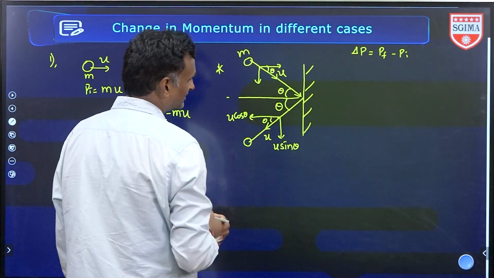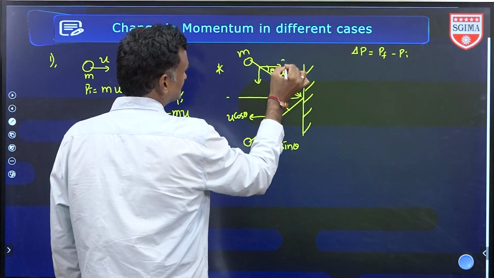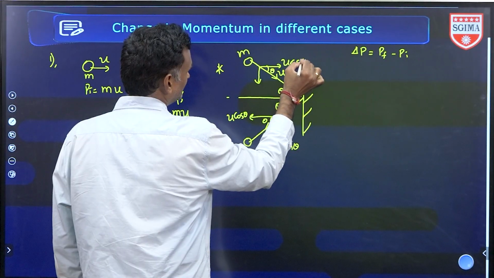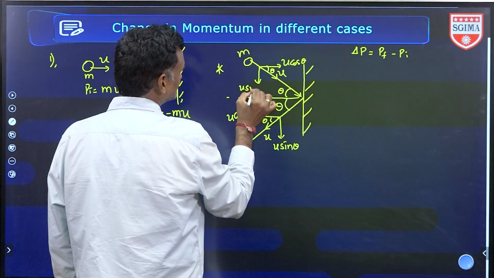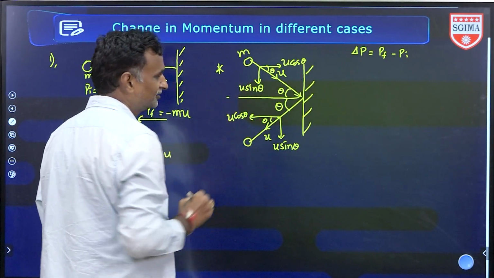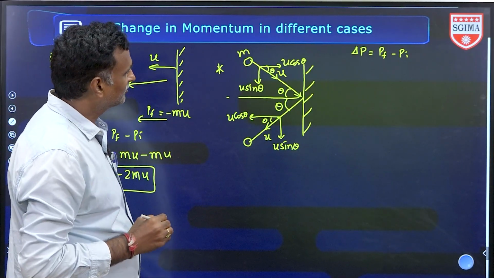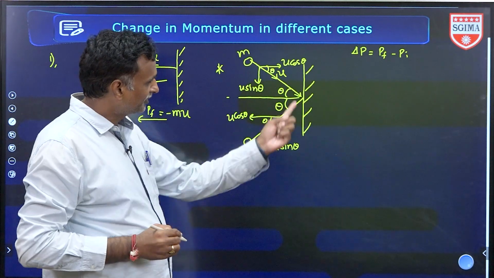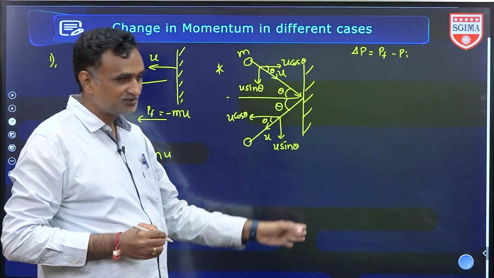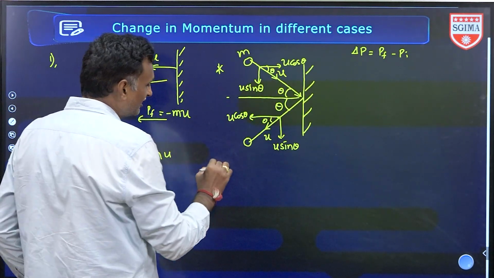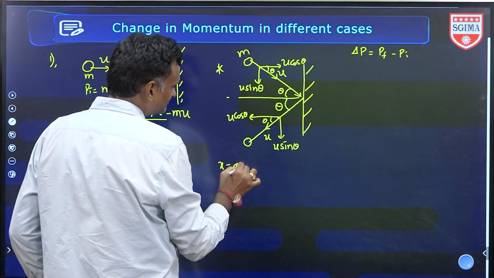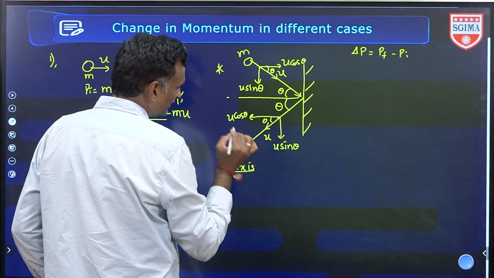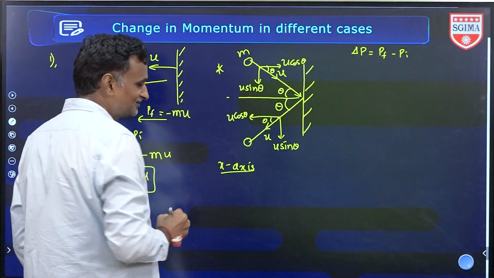So this is the component of u cos theta, and this is the component of u sin theta. Now let us solve the momentum in both directions, one along the x-axis, another along the y-axis. First, along the x-axis.